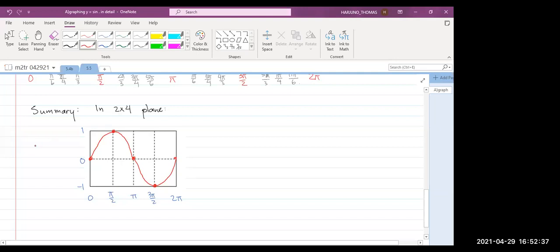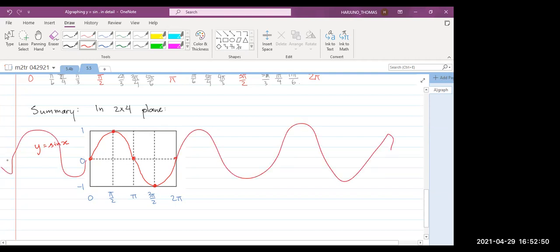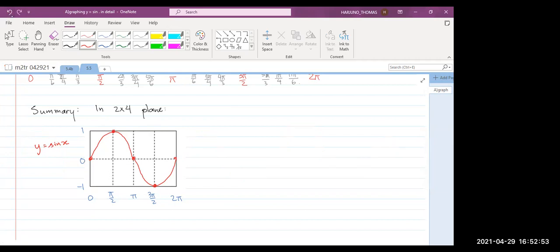Okay, this is y equals sine x. In the 2 by 4 plane, that's what it looks like. Of course, if you continue further, it will just repeat, and if you go to the left, it will repeat. But that's the pattern.